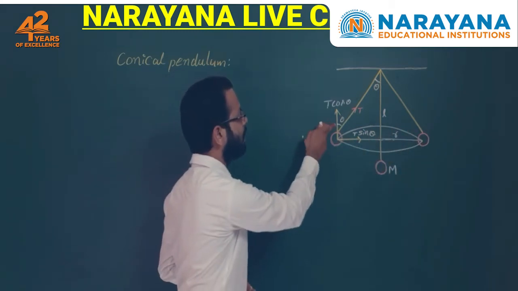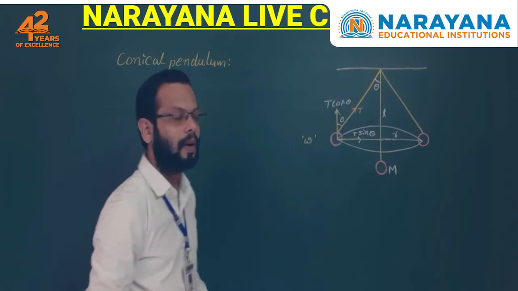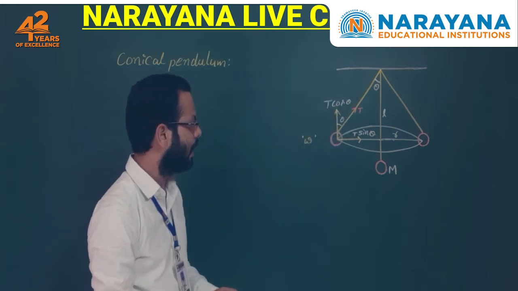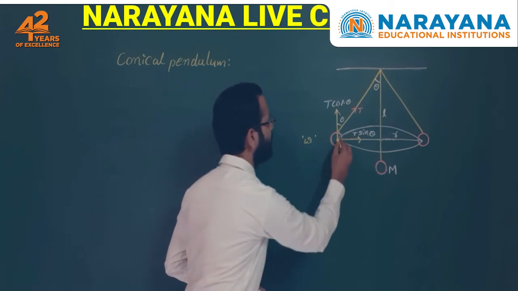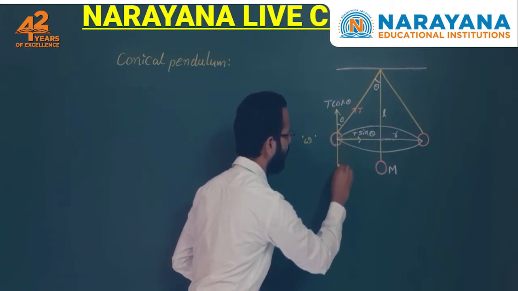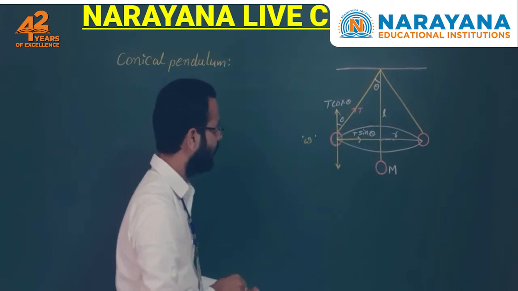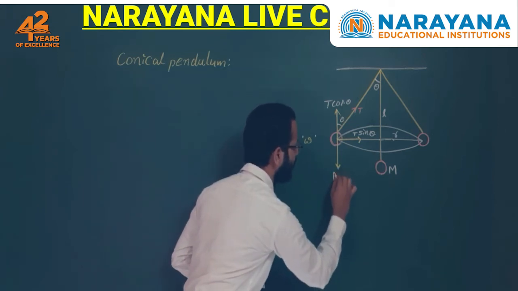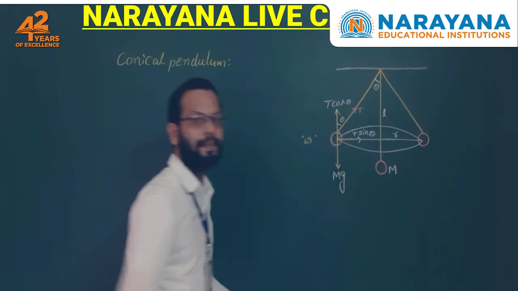So the component of the tension, T cos theta, will balance the weight of the bob, that is mg.